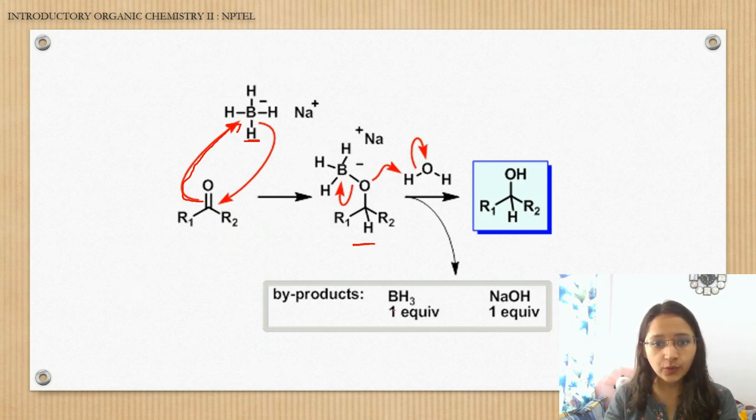So the byproducts are BH3, that is borane, and NaOH is getting formed, because the counter cation for this tetrahedral borohydride structure is sodium. So it will react with this OH to form sodium hydroxide.